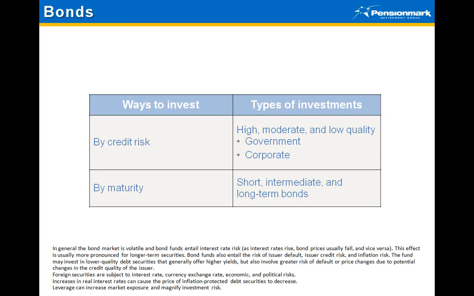High yield bonds, on the other hand, typically are issued by smaller, less mature companies, less likelihood that, or actually higher likelihood that these companies could default and not be around to make good on your interest payments. Sometimes these high yield type bonds are referred to as junk bonds. That might be a familiar term to you.